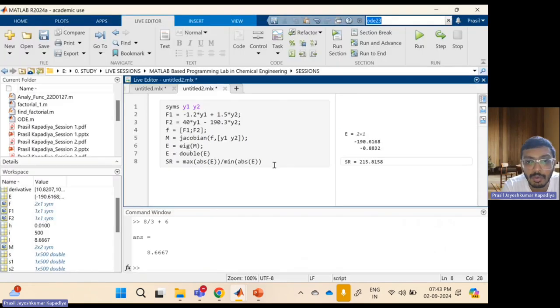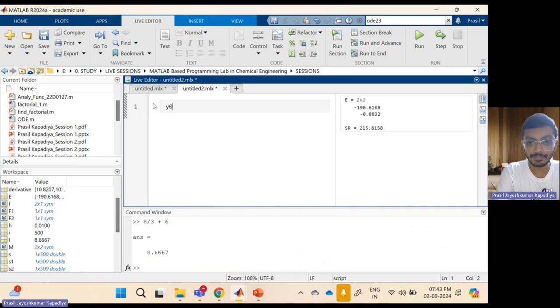So let's write it down in our own system. Let's say y0 is equal to 0.01. It is given in the question. Then x span is equal to 0 to 0.8. And my solution is given as t sol, y sol is equal to ODE23.